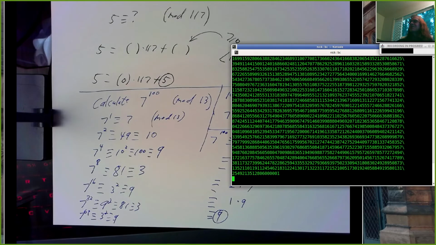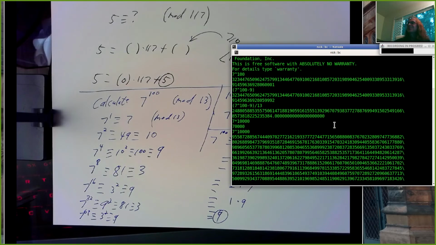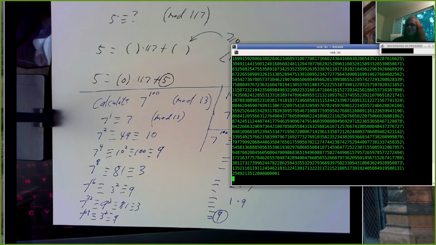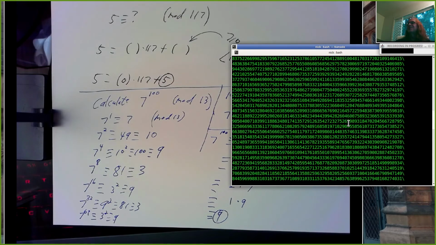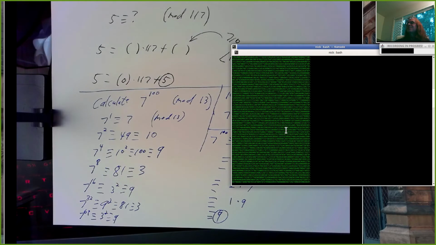It doesn't take that long, actually. So this will do arbitrary precision and arbitrarily large numbers. What is arbitrary precision? I meant arbitrarily large numbers. So it's not limited to 2 billion or 10 to the 99th or something.